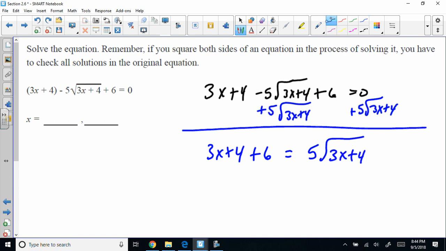Okay, that's what I got so far. Then I got 3x plus 10 equals 5 times the square root of 3x plus 4, right? What are you going to do?